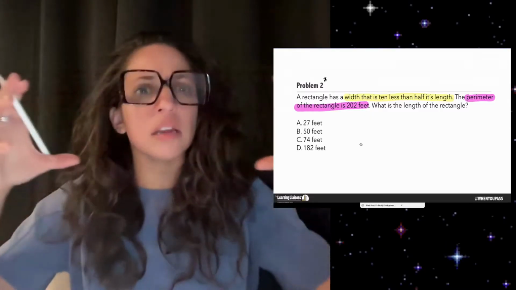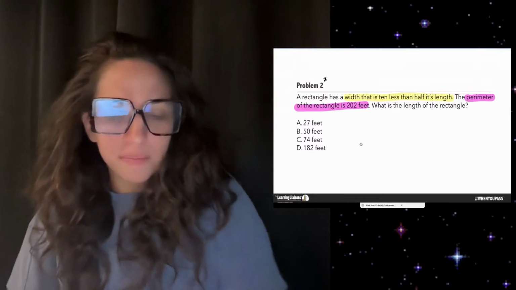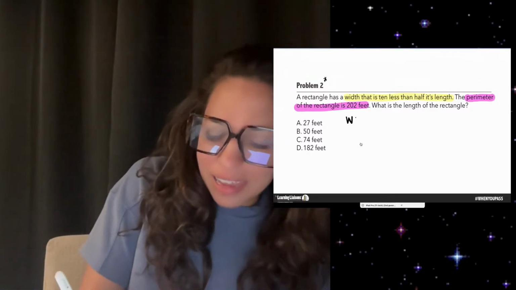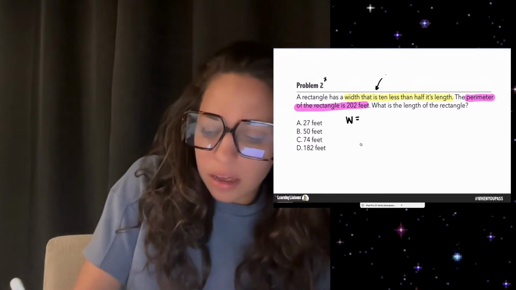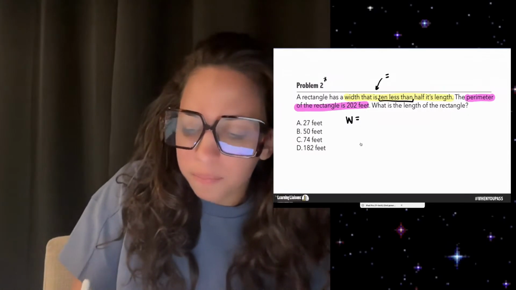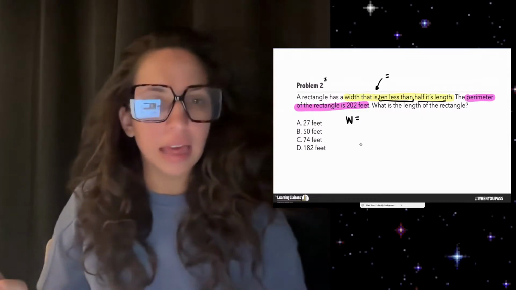All of that is being done in the first part of this problem, but then it's also dealing with geometry. So we have a width that is 10 less than what? 10 less than half the length.